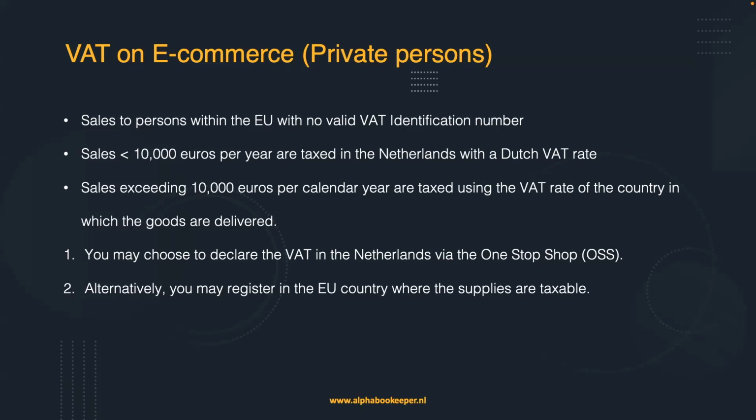Of course, a lot of people will go for that one-stop shop. You register in that system, and then you can report the VAT transactions with other EU countries in that platform. And this is for transactions via web shop, distance selling to people outside of the Netherlands, but within the EU zone.